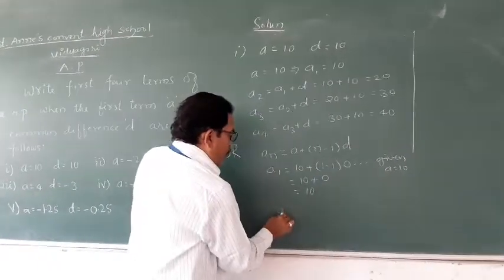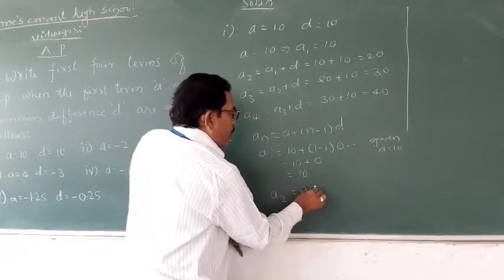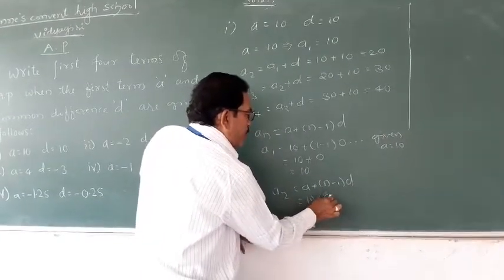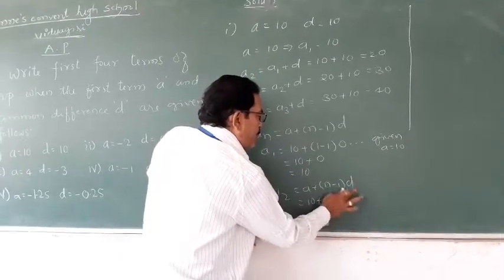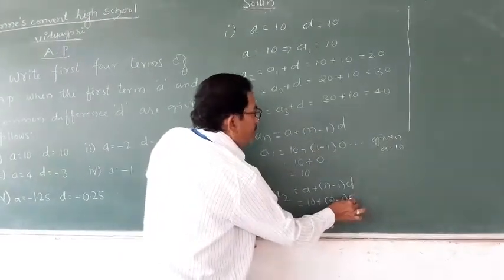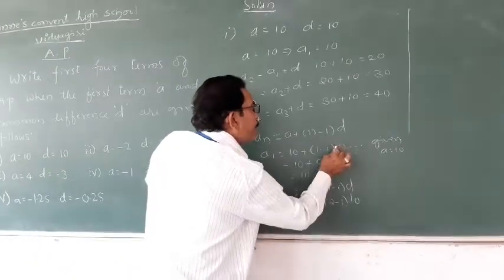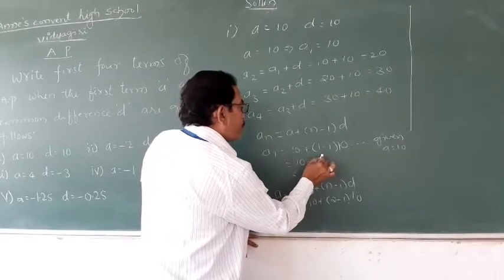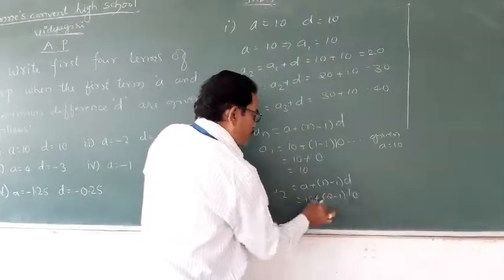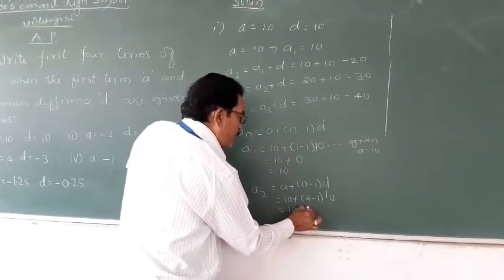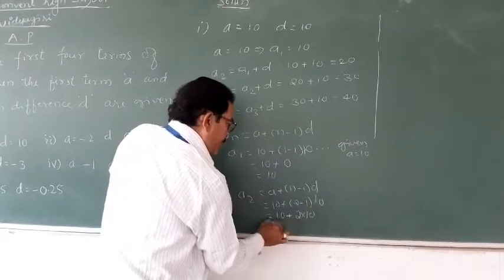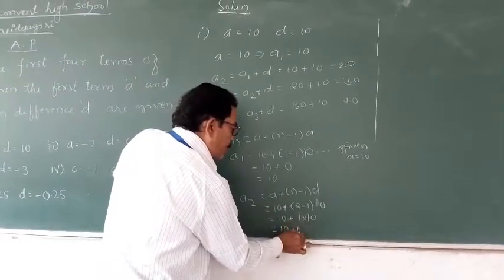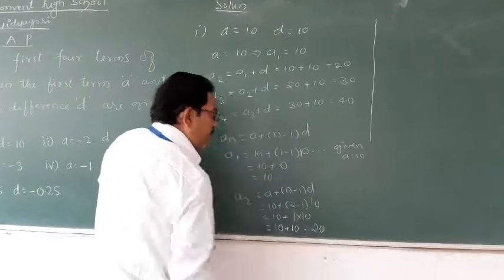Then A2 equals A plus (n minus 1) into D, that is 10 plus (2 minus 1) into 10, that is 10 plus 1 into 10, that is 20. So A2 is 20.